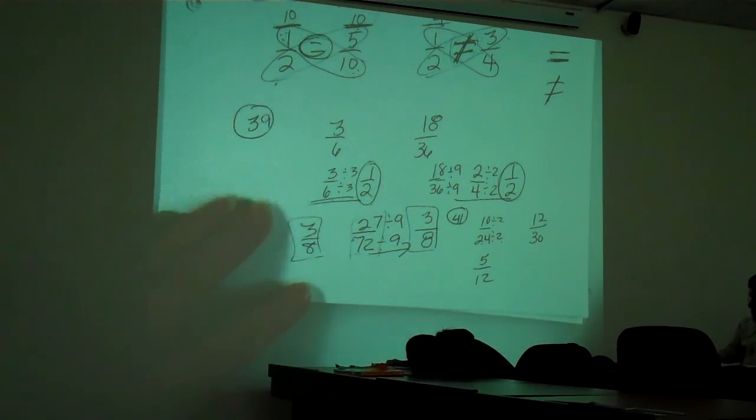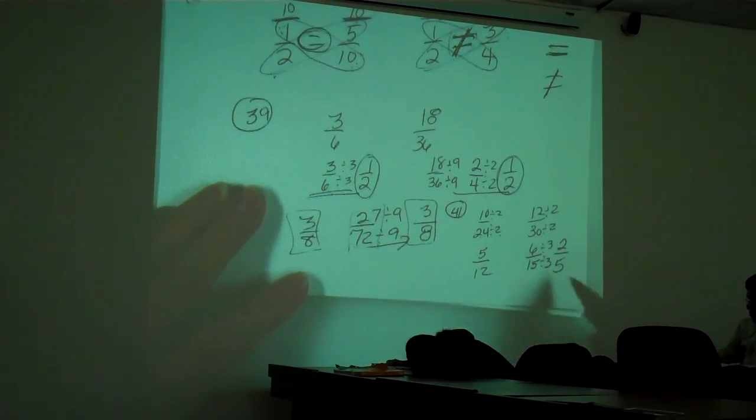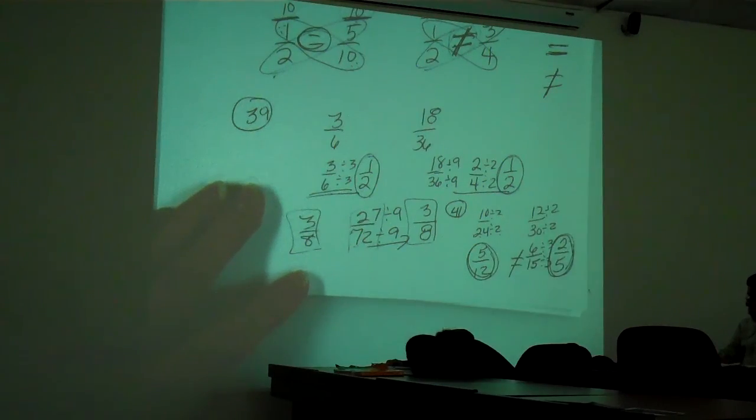Oh, so it's equal. This one, let's divide this by 2. You have 6 over 15. Oh, we could divide again now. Divide by 3. 6 divided by 3 is 2. 15 divided by 3 is 5. Both of these are totally reduced. They're not the same. So it would be not equal.